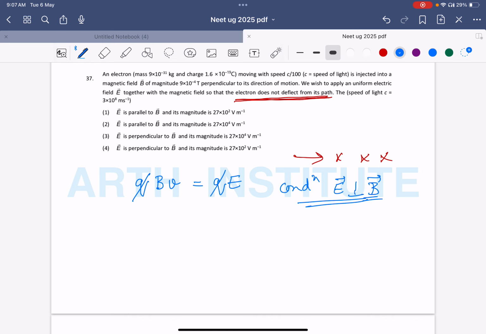So we are interested in finding the magnitude of E. You are given the magnitude of B. In crossed fields, when an electron enters a region of electric field, the magnitude should be equal to B into V. Then the electron will not deflect from its path.